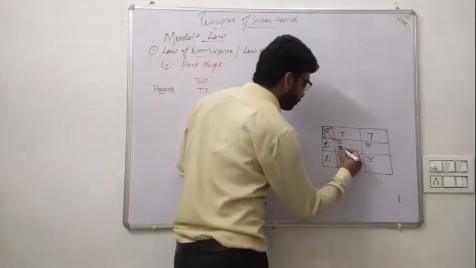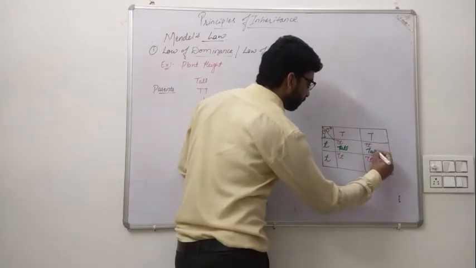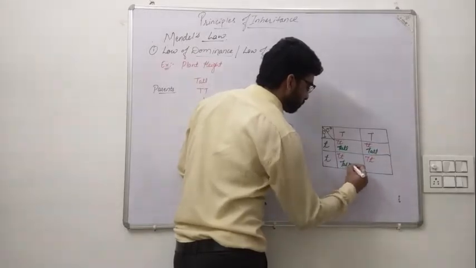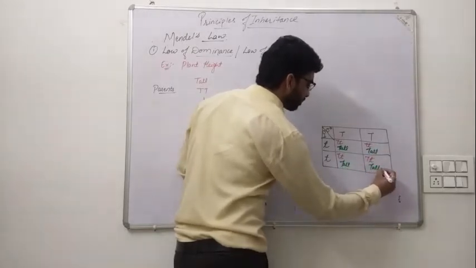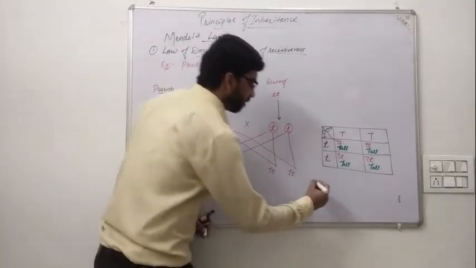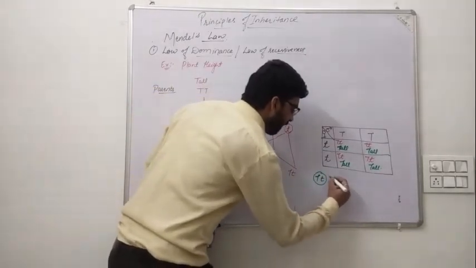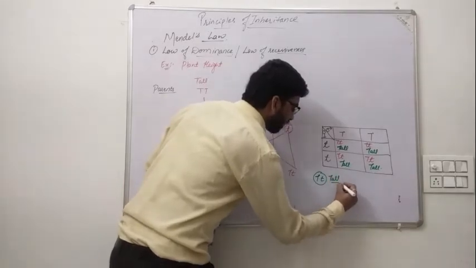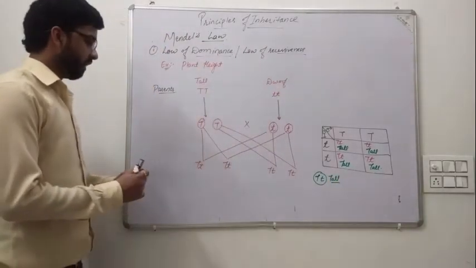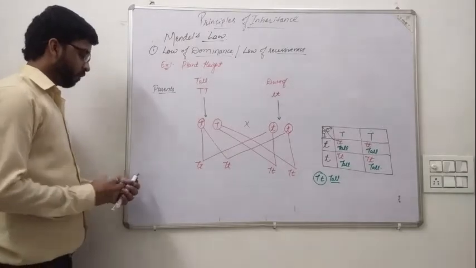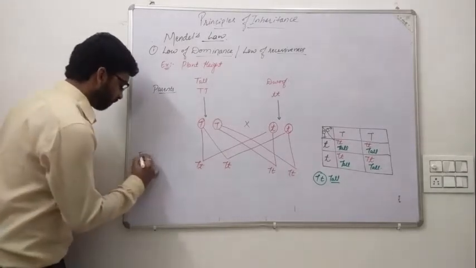It represents the tall character in all four. If we write capital T and small t as the genotype, then the tall character is the phenotype, here in the F1 progeny or F1 generation.